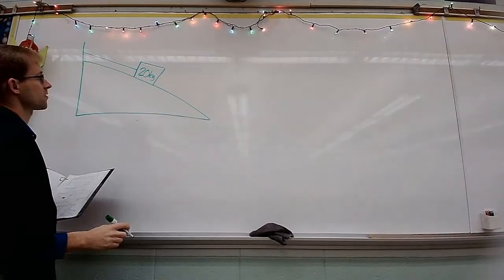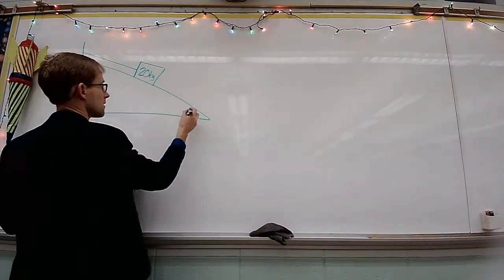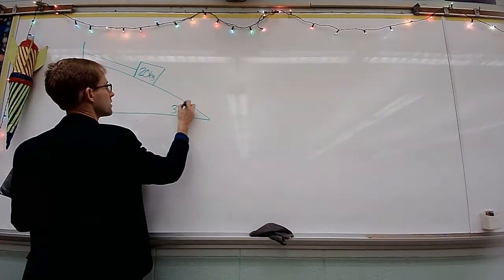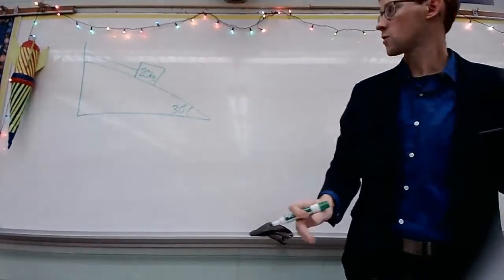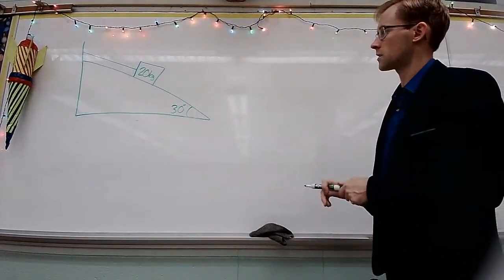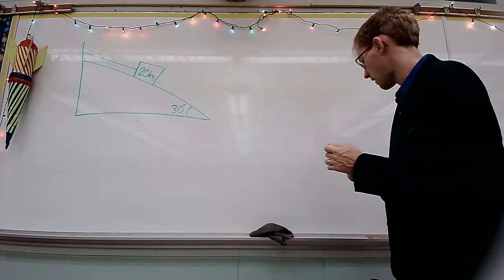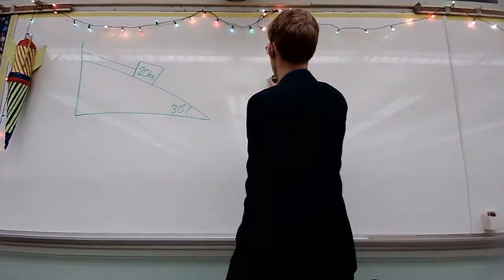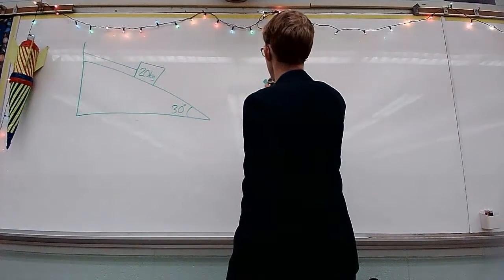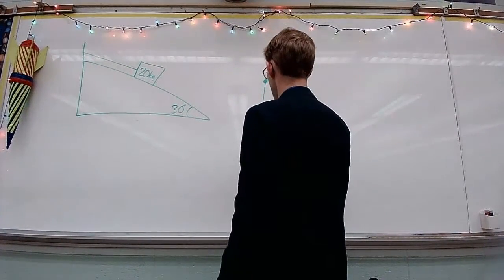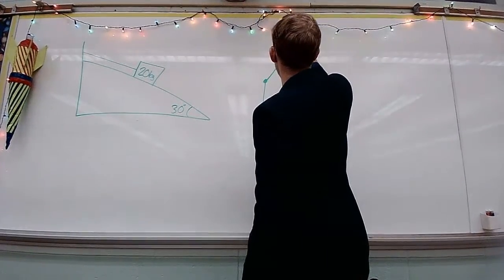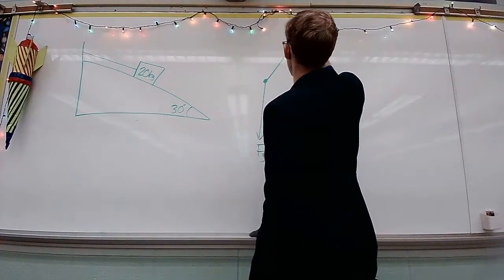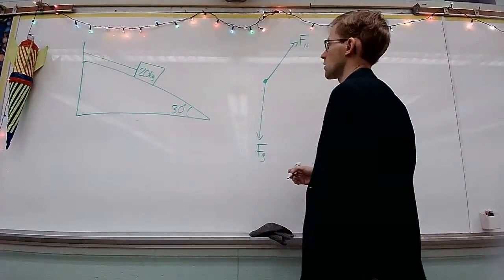And if I want to solve for stuff in this, I got to start with my force diagram. So if I want to draw my force diagram, I'm going to start with gravity. So gravity's going down. Normal force is going to go up at that angle because normal force always goes perpendicular to your surface.